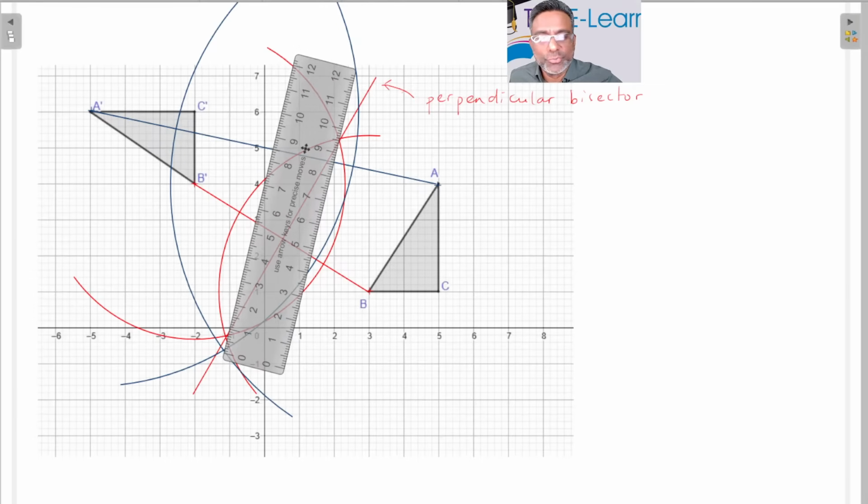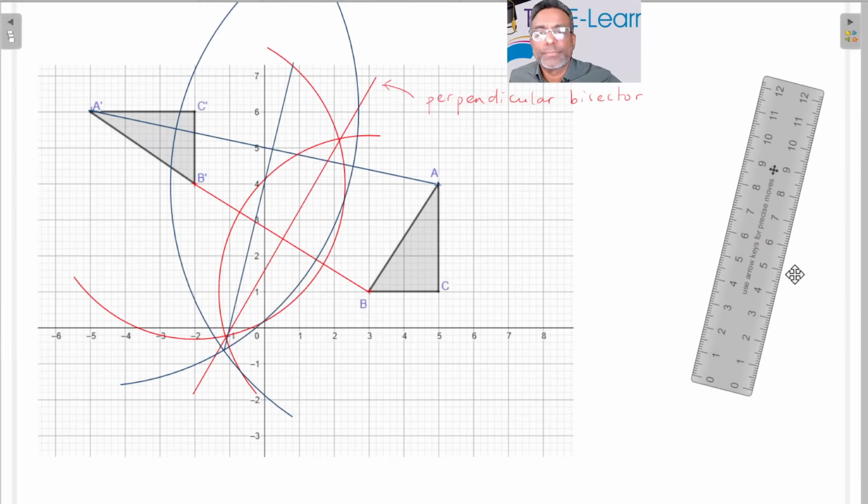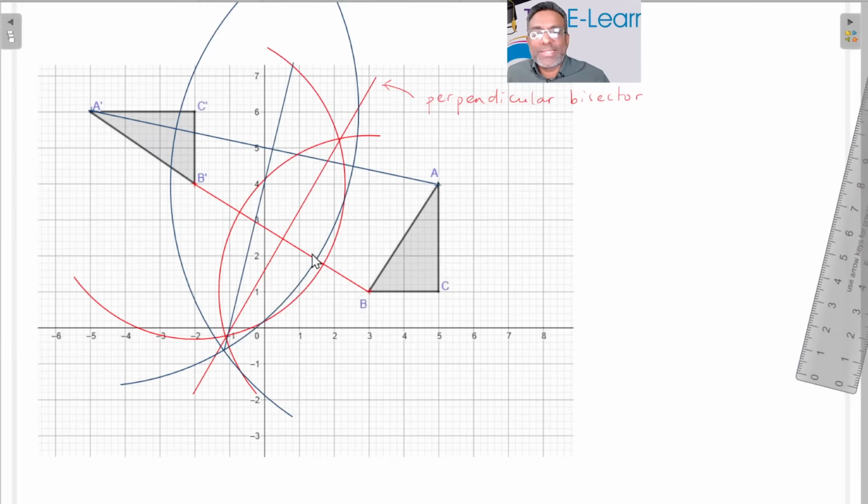I'm going to assume that this here is in that direction. So I have the two perpendicular bisectors. Now I know the diagram gets a little complicated. So what we're looking at here, this is our second perpendicular bisector. This blue line here is our next perpendicular bisector.